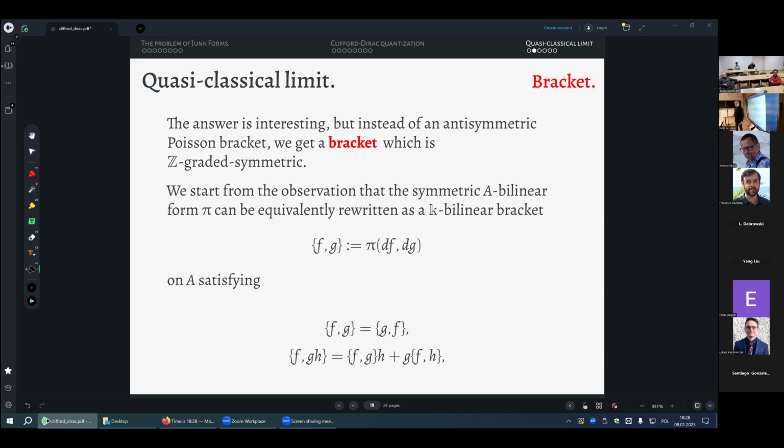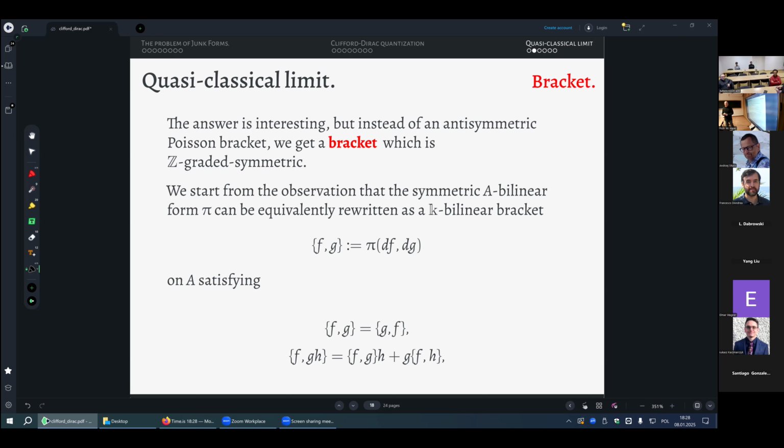Since pi is symmetric, it's a symmetric bracket. And since it depends on every argument by the differential, it satisfies this Leibniz property with respect to any argument. So it is quite close to this Poisson bracket.